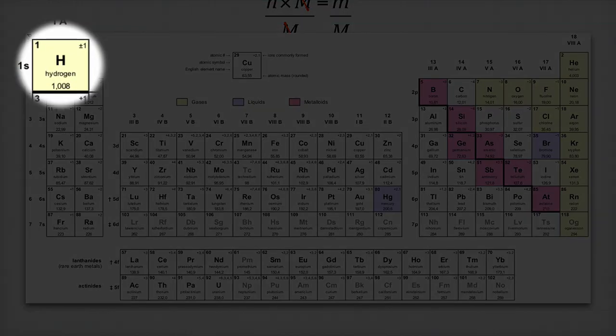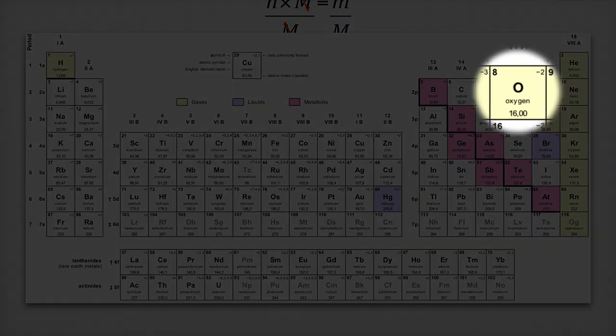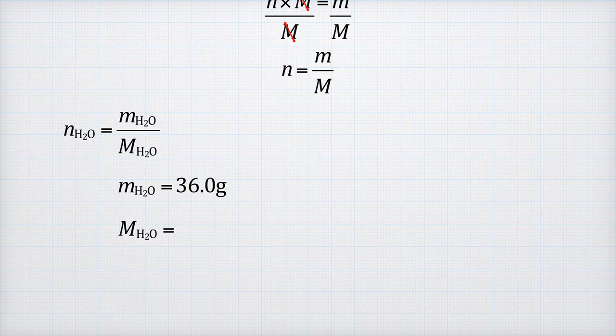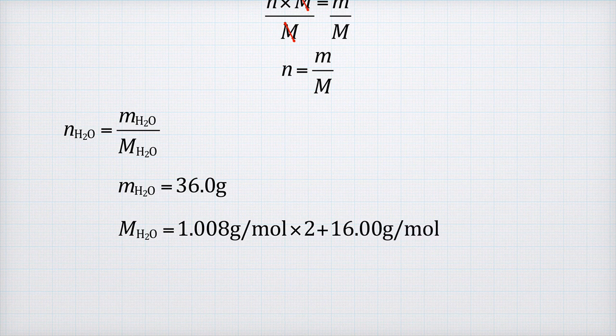Here I can see that the molar mass of hydrogen is 1.008 grams per mole, and then there are 2 hydrogen atoms in each water molecule, and that the molar mass of oxygen is 16.00 grams per mole. So let's write that down too. The molar mass of water is 1.008 gram per mole times 2 plus 16.00 grams per mole, which is equal to 18.016 grams per mole.